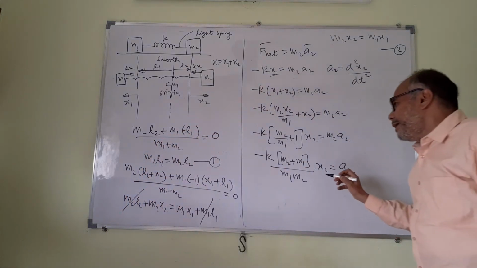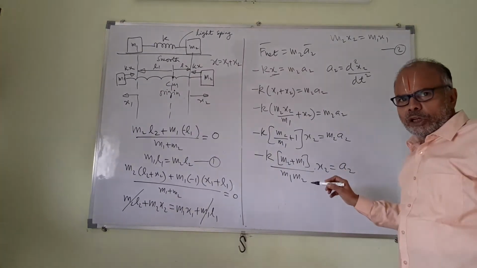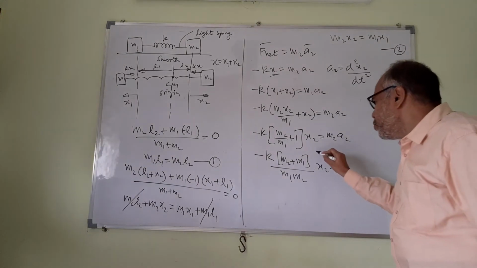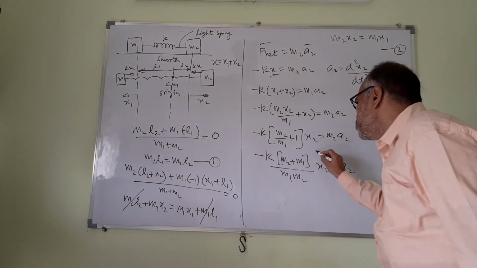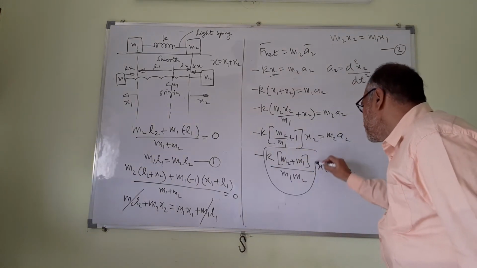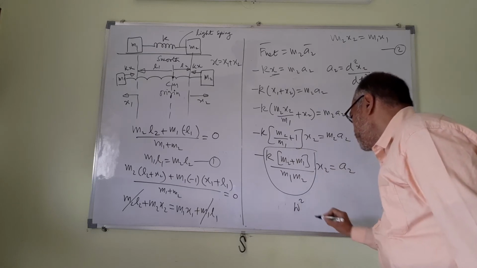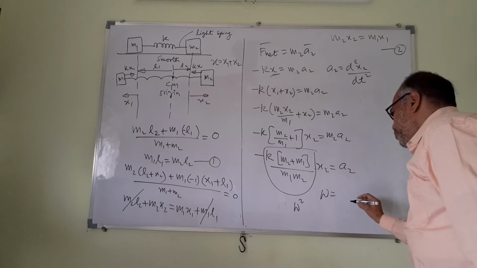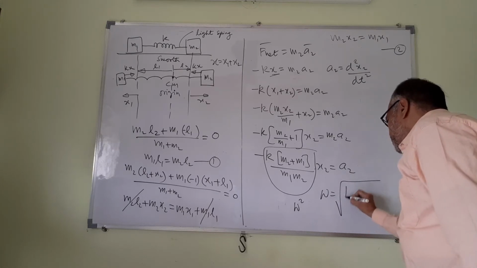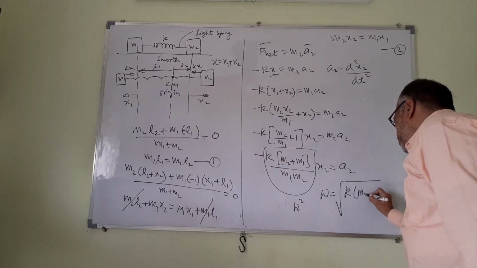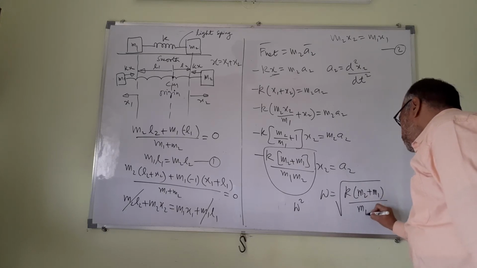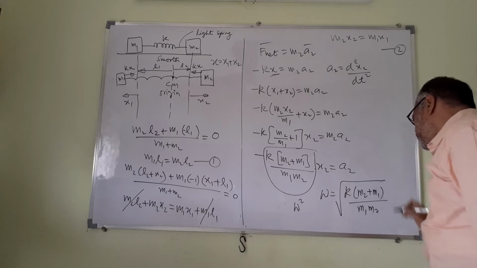Now I can compare this to the defining equation of SHM. So A is equal to minus omega squared x, and this whole thing here is omega squared. So that will give me omega is equal to root of k into M2 plus M1 by M1 M2.